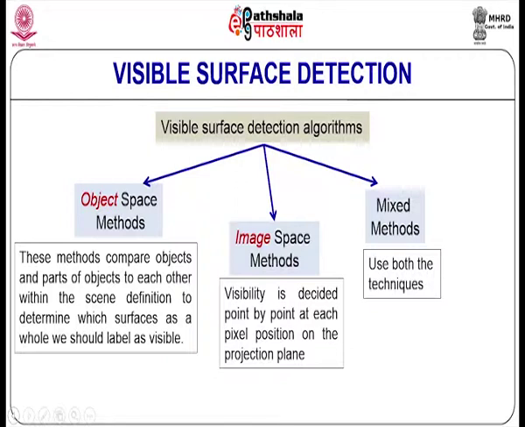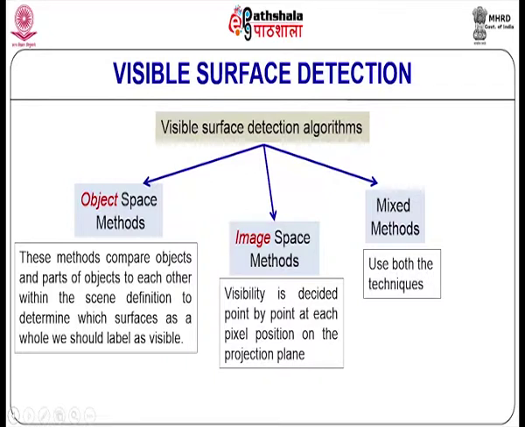So we check which face should actually be plotted on the 2D map or in a 2D plane. So we look at the projection of the 3D world onto a 2D plane, which is all about the image space methods. So the image space methods rely on this technique. Mixed methods use a part of the comparison in the object space and a part in the image space.